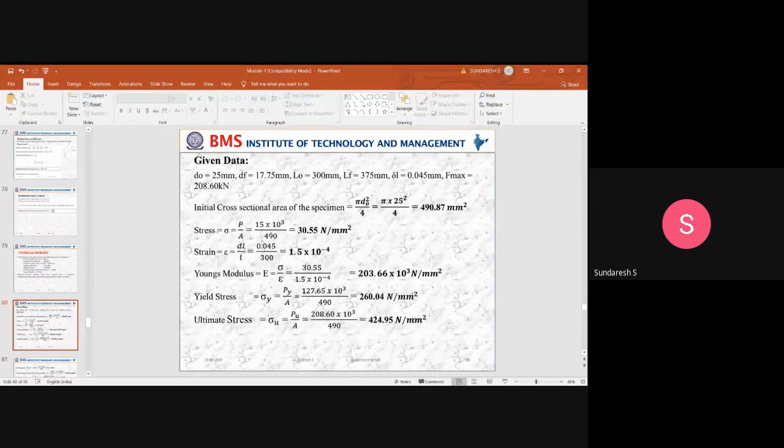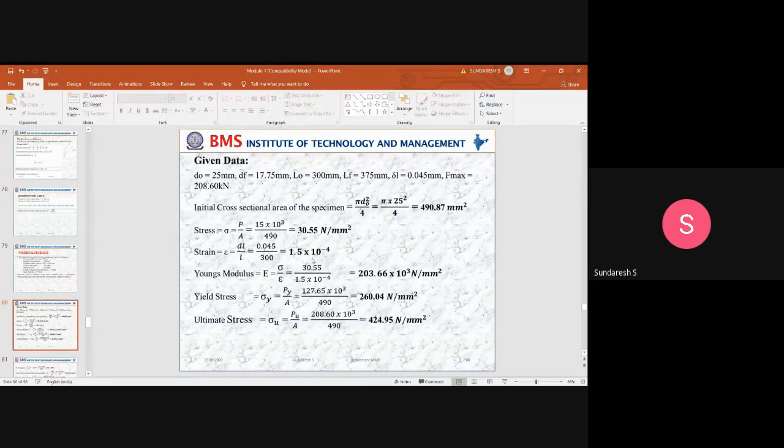Once you get the value of stress and strain, the next thing is to calculate the Young's modulus. Young's modulus E is equal to sigma by epsilon. The sigma value we have got is 30.55, and epsilon, that is strain, is 1.4 into 10 power minus 4.